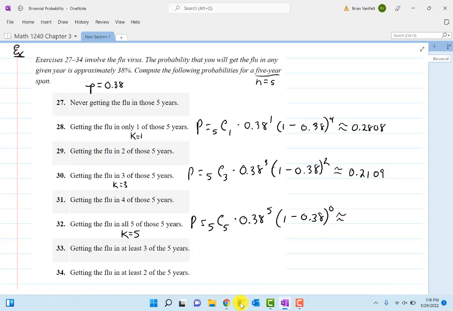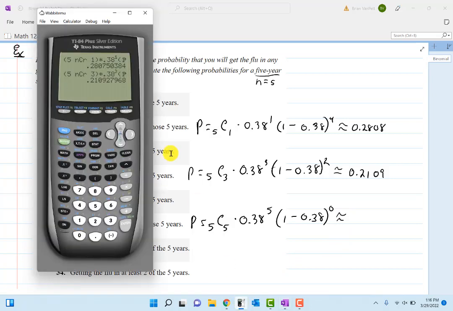And this last one, here we are going to have a 0 on that spot, then a 5 on that spot, and then we have 5C5, 0.0079.